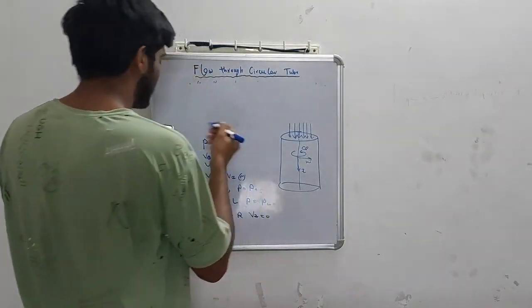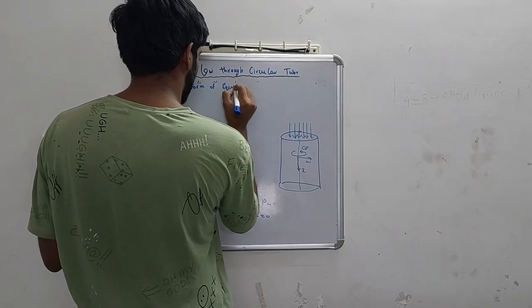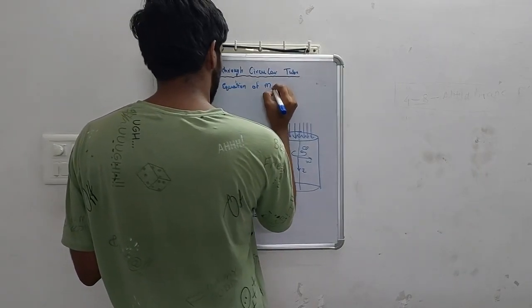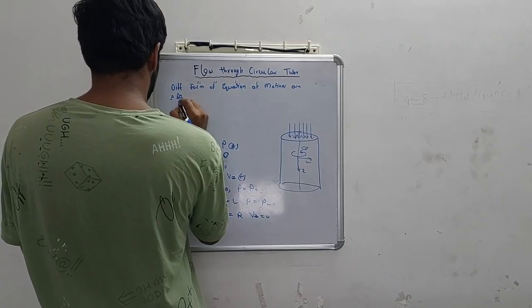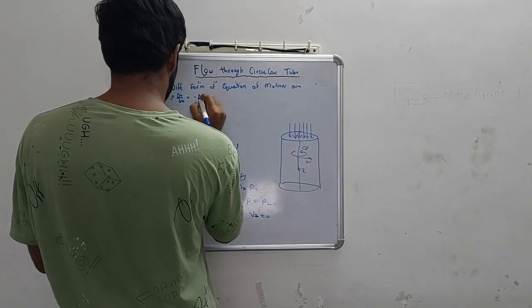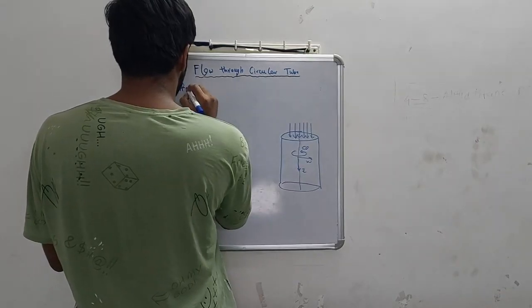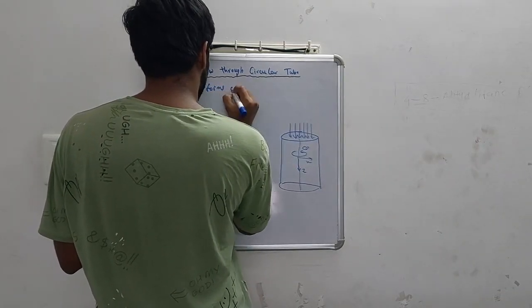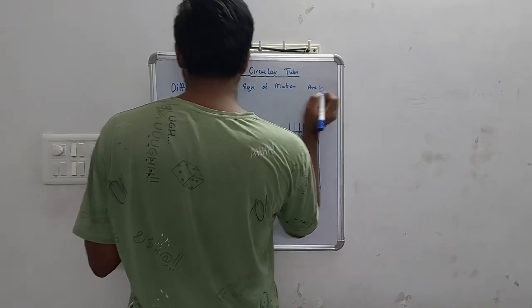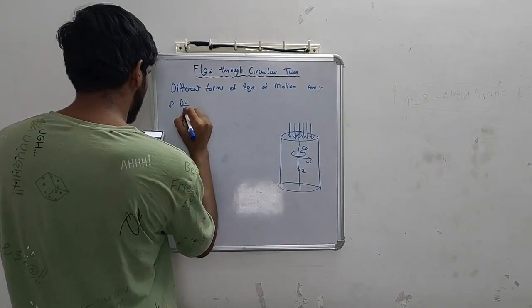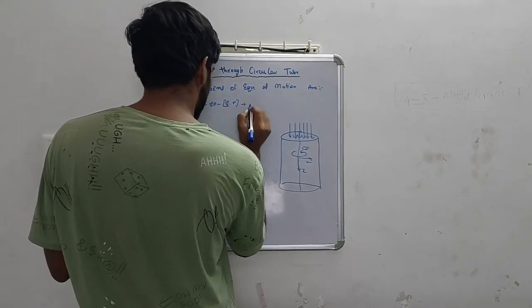The different forms of equation of motion are: first, rho Dv by Dt equals minus del p minus del dot tau plus rho g.